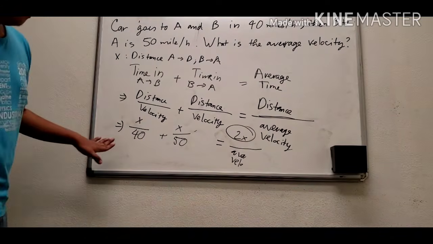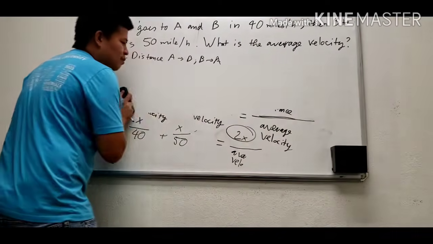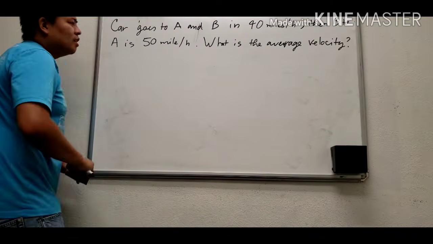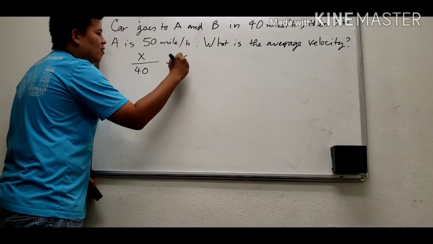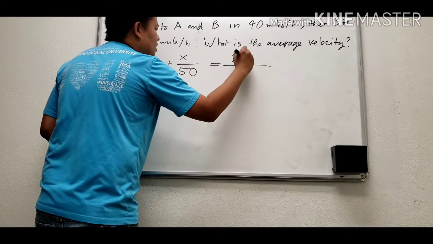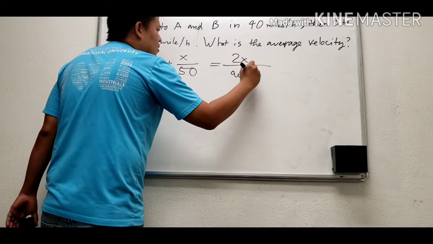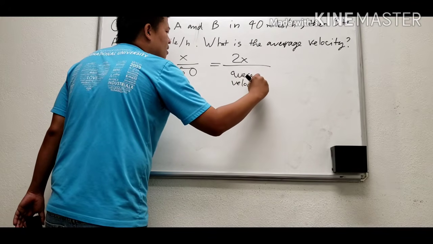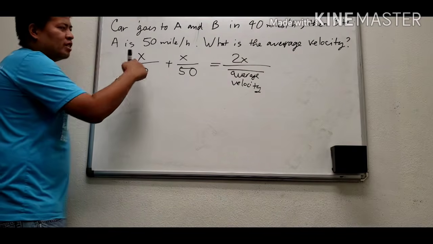So here we have the equation: S divided by 40 plus S divided by 50 equals 2S divided by the average velocity.